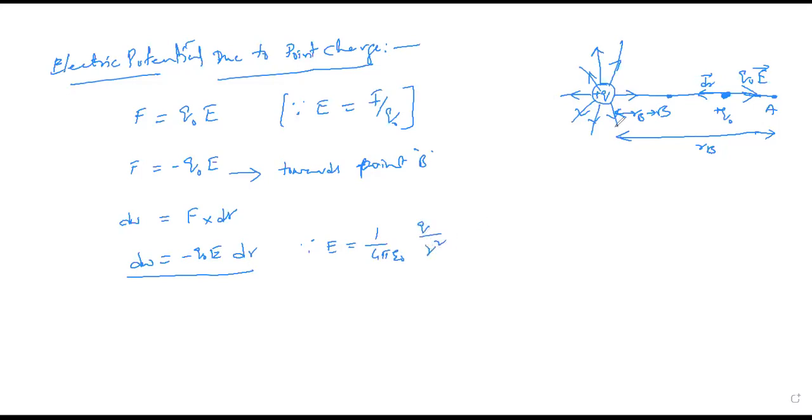So we can take this value and substitute it in the place of E. When you take the electric field intensity due to a point charge, E is equal to 1 by 4 pi epsilon naught into Q by R square. Take this E value and substitute it in the work done equation.